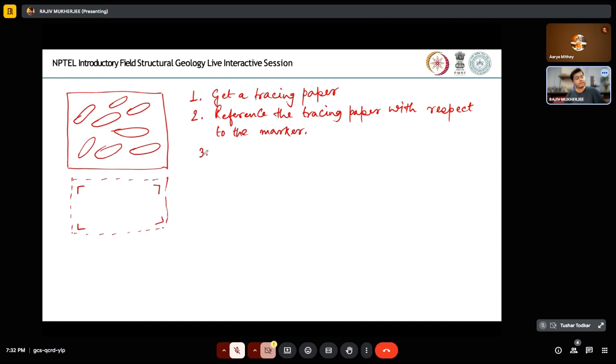And then I pinpoint a central point of that tracing paper, I mean of this referenced area. So I should draw just diagonals to get the center.